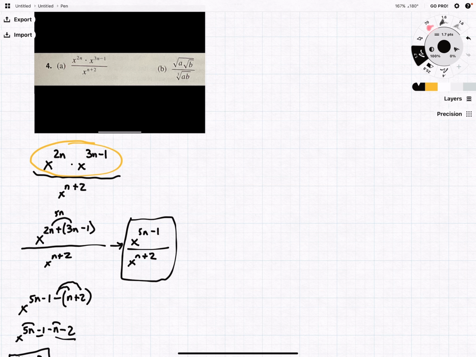So anyways, for part B, it has square root of A times another square root of B. And what we see is A is just under a normal square root, and B is sort of in a double square root. Now, there's a way that we could rewrite this. We could rewrite this as A root B all to the 1/2 power.